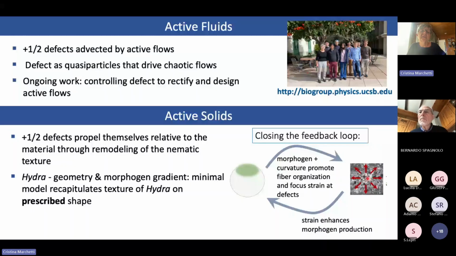What is missing from our model is the feedback from the enhanced strain and stresses at the core of the defects that can actually lead to morphogen production, which in turn can modify the texture. In the future we plan to try to close this feedback loop and allow, of course, for the geometry to change, to try to understand the full process of Hydra regeneration.